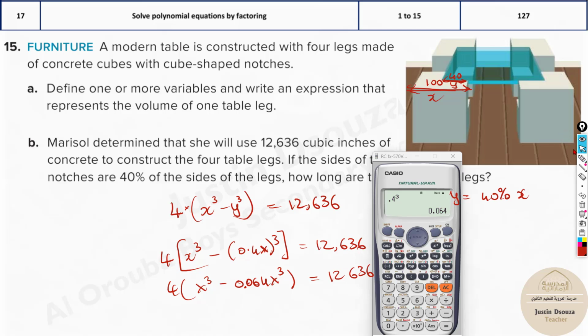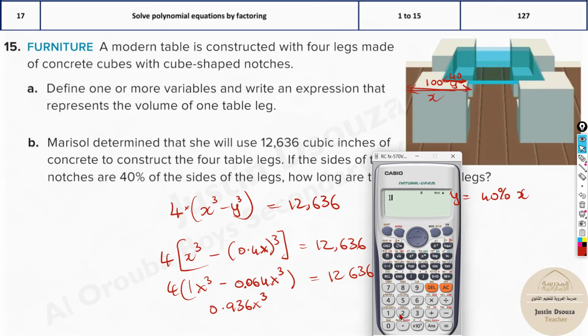Now what I will do is 1 minus 0.064. So basically 1 minus that is how much? 0.936, right? So x cubed minus 0.064x cubed is basically 1 minus this number, 0.936x cubed. And what is this divided by 4?